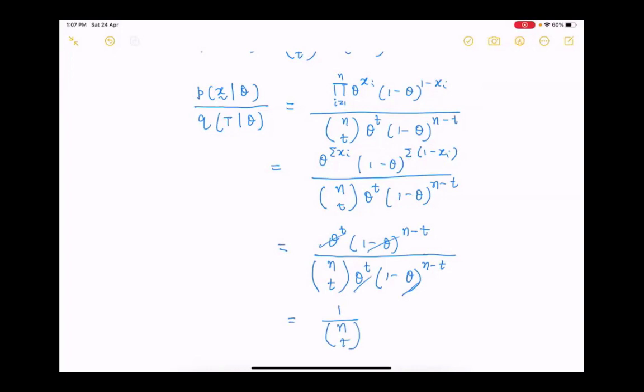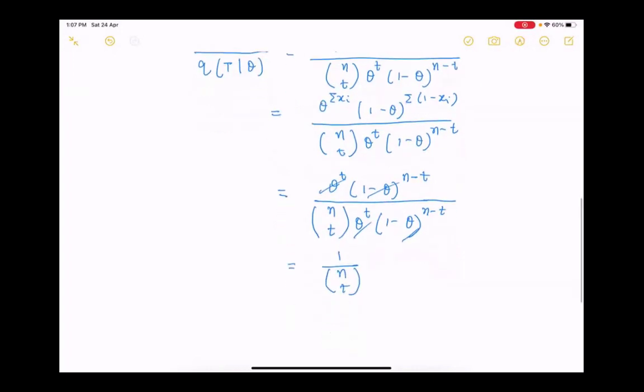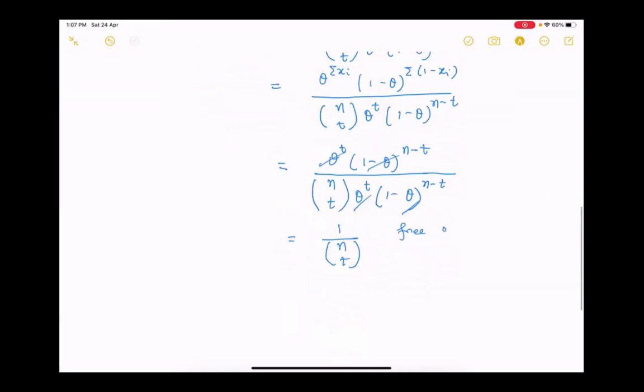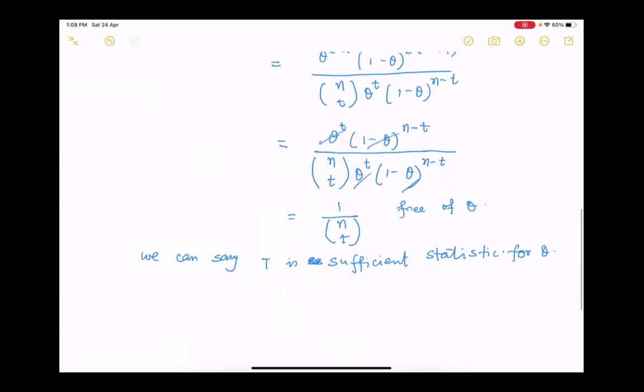Now clearly this is free of theta. So we can say that T is a sufficient statistic for theta.